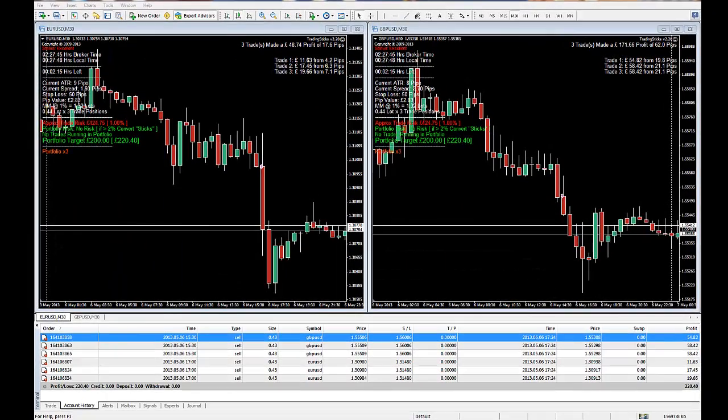In this example, we're looking at 2 different charts. It's the Euro-US dollar on the 30-minute bar and the Pound US dollar on the 30-minute bar.